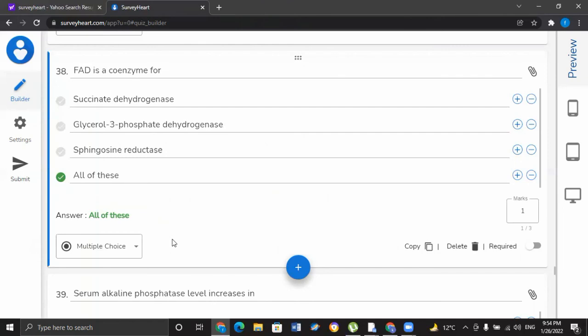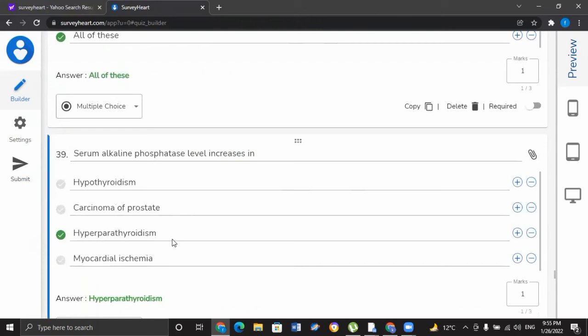Glycerol 3-phosphate dehydrogenase की बात करें तो it is an enzyme responsible for the reversible conversion of DHAP to G3P. Sphingosine reductase की बात करें, it is an enzyme that is involved in sphingosine metabolism. So all of these actually use FAD as a coenzyme. So the correct option for MCQ number 38 is D, all of the above.